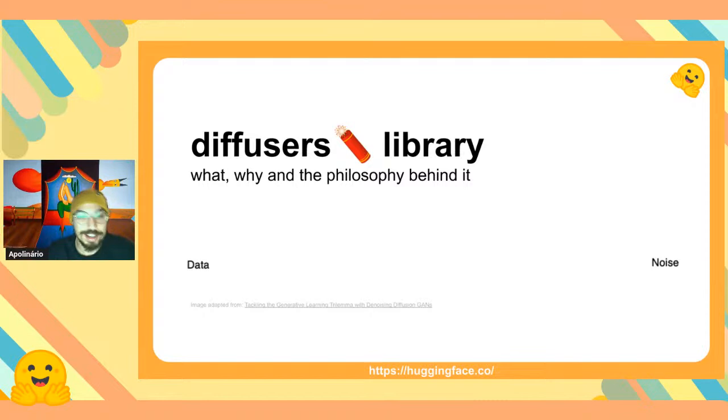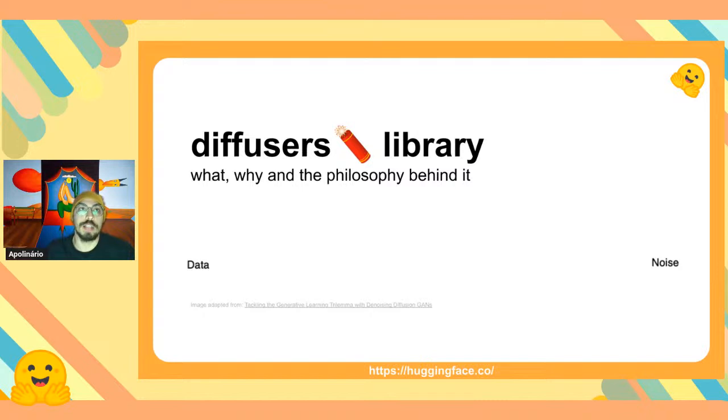Hi everyone. I will be here talking a bit about the diffusers library. After these two amazing presentations, the first one on the Dreambooth technique and the new things coming to the paper, I'm very excited to see that updated paper, and then the amazing talk on the Keras library and the philosophy behind it, I decided to talk a bit about the diffusers library.